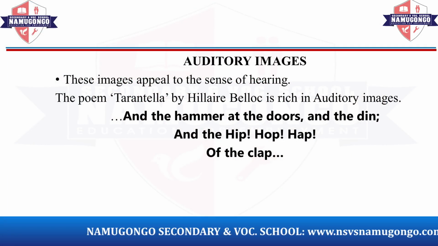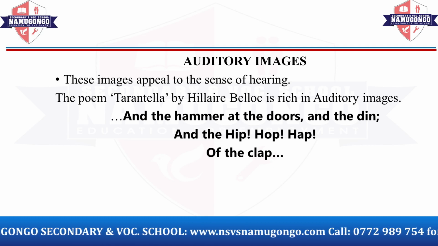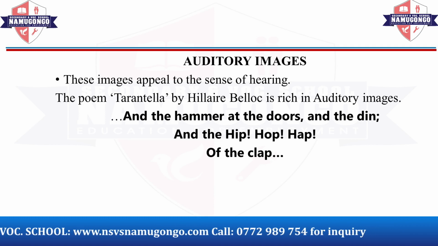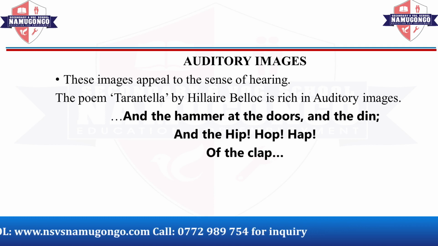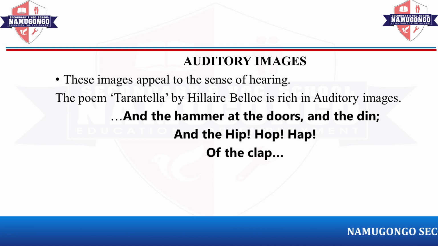Auditory images are the kind of images that appeal to our sense of hearing. So, when the writer or the poet talks about the thundering in the sky, the word thundering is something that has to do with sound. And therefore, even when you are reading under a sunny sky, you are able to imagine a thundering sky.